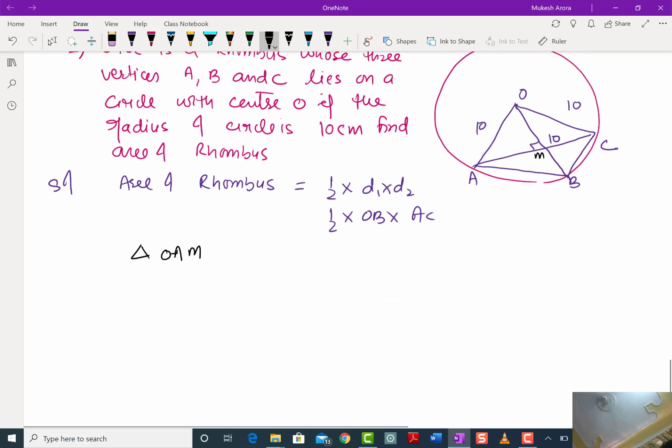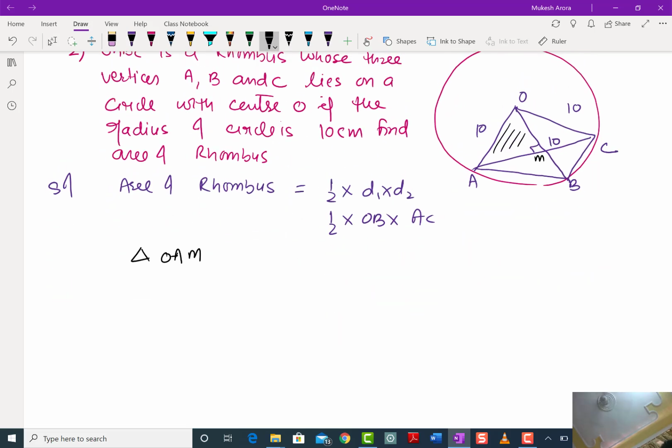In triangle OAM, we will use here Pythagoras theorem. All wrong, sorry. OA square is equal to AM square plus OM square. OA is 10 square. AM is AM only and OM is 5 because the diagonals bisect each other and they bisect at 90.